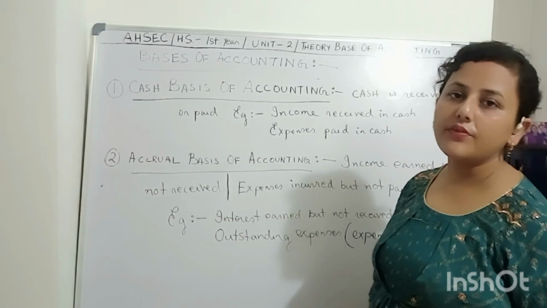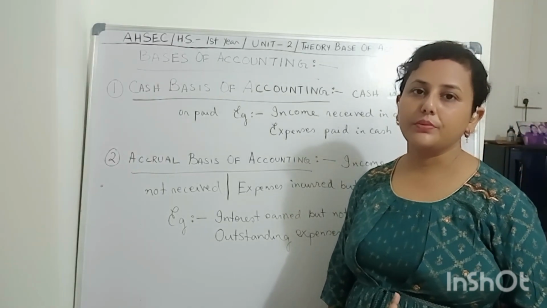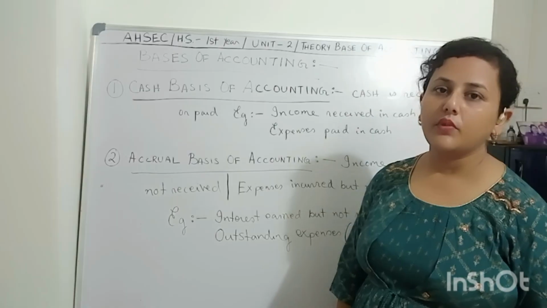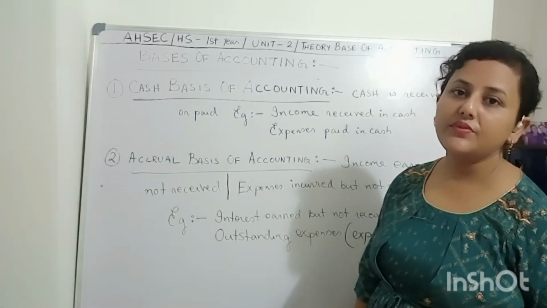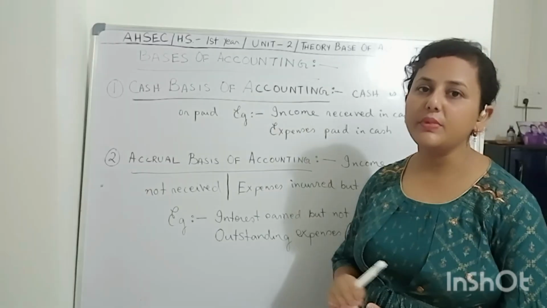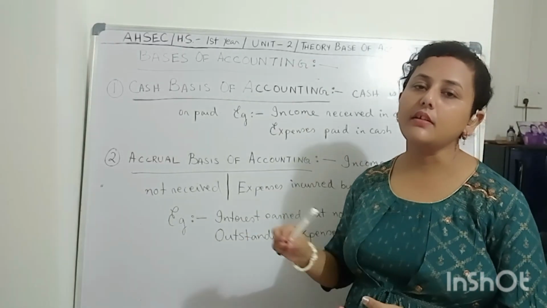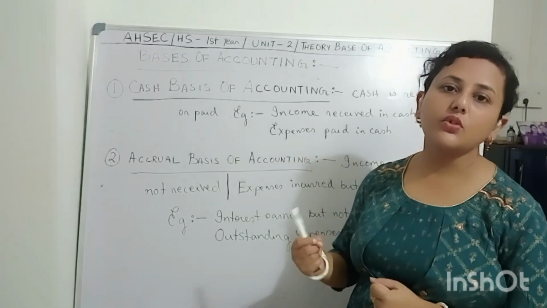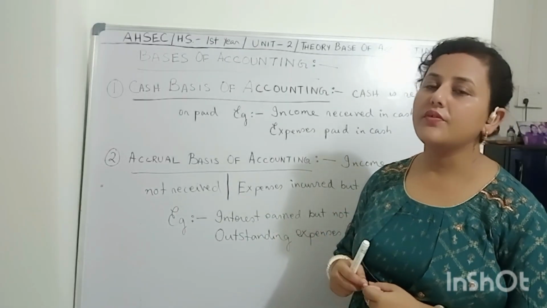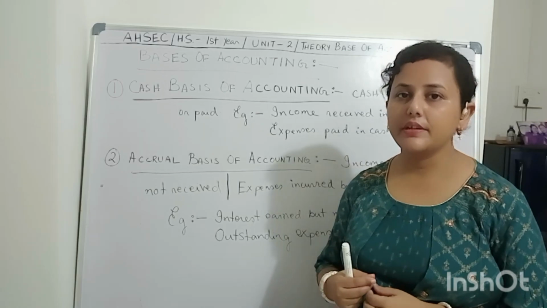Take the case of a shopkeeper or a seller, and a customer, that is a buyer. Okay, so if the transaction is in accrual basis, then the buyer will purchase the commodity, and he will not make the payment in cash immediately.